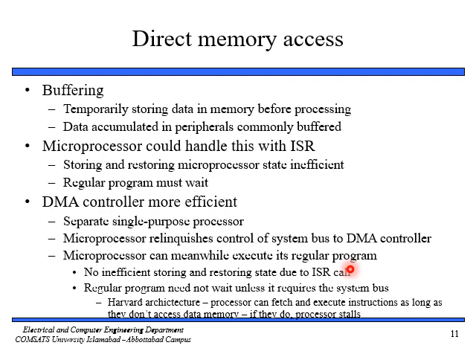Here the microprocessor will only give the control of the data bus, and it will keep on executing its regular program. So what happens? No inefficient storing and restoring of state due to ISR call.